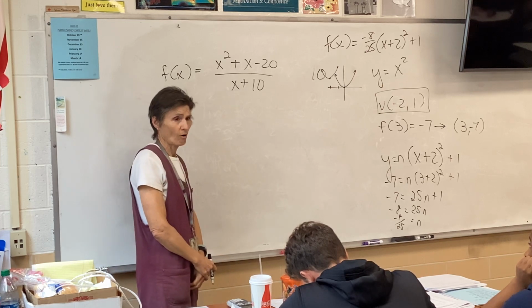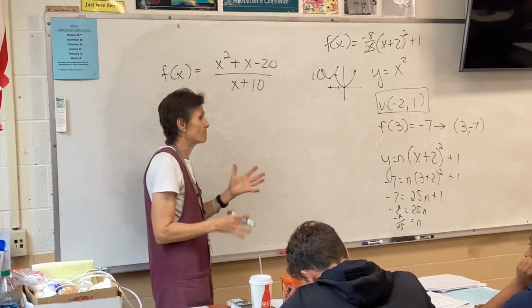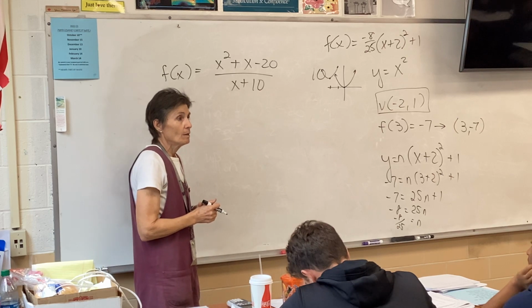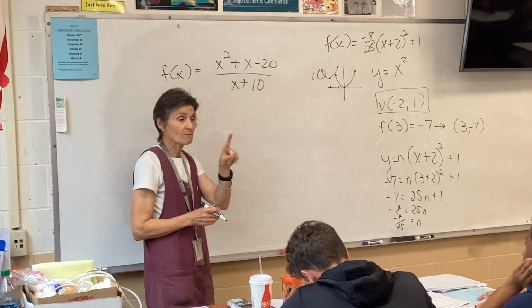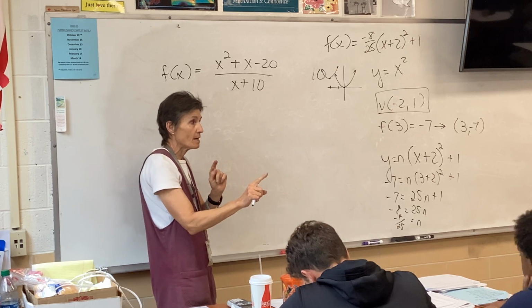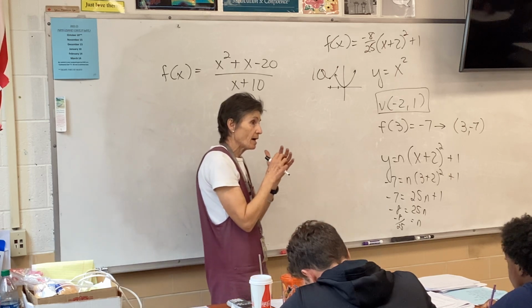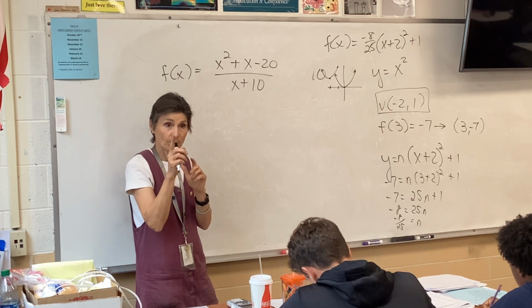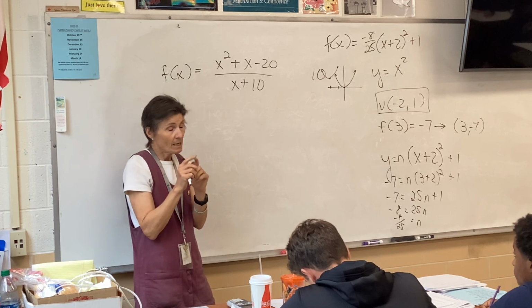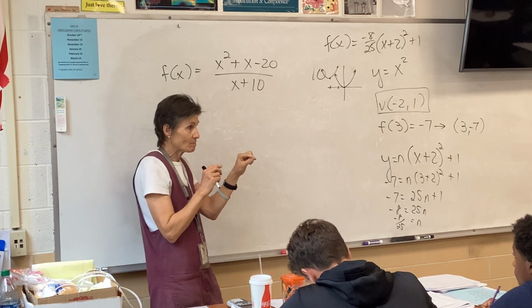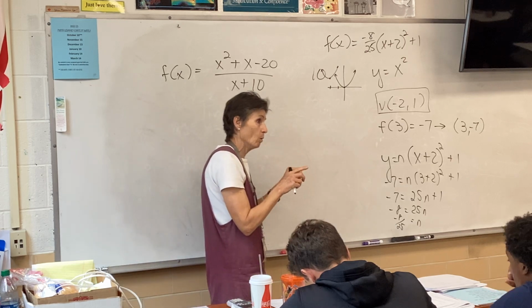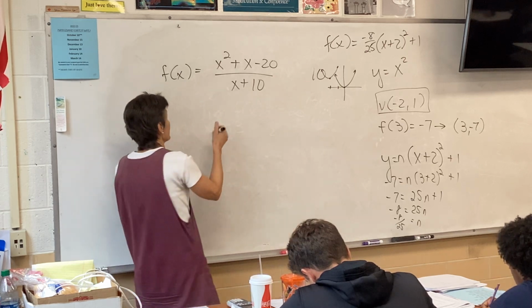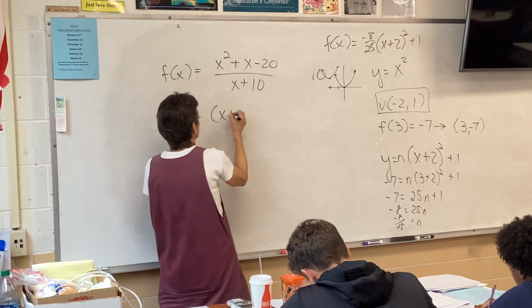How should we start? What should probably be the first thing we do? If we can factor. The first thing we should probably do is factor it, because there's a chance, I don't think it's gonna happen here, but there's a chance that when I factor, I'll be able to cancel, and what I thought was gonna be an asymptote then would become a pole. So before I start graphing anything, I think I'll go ahead and factor.